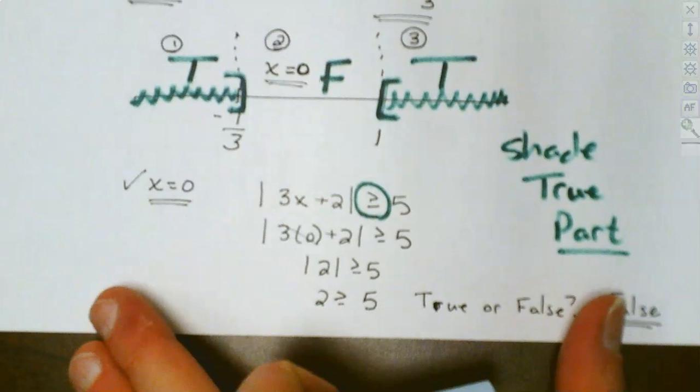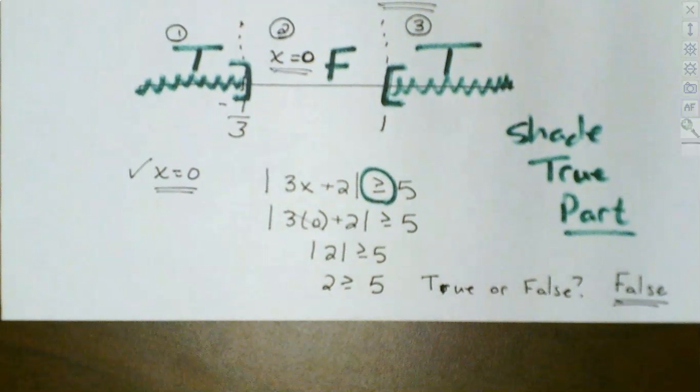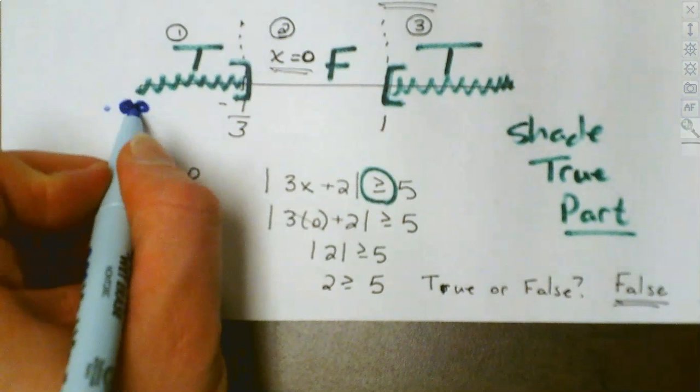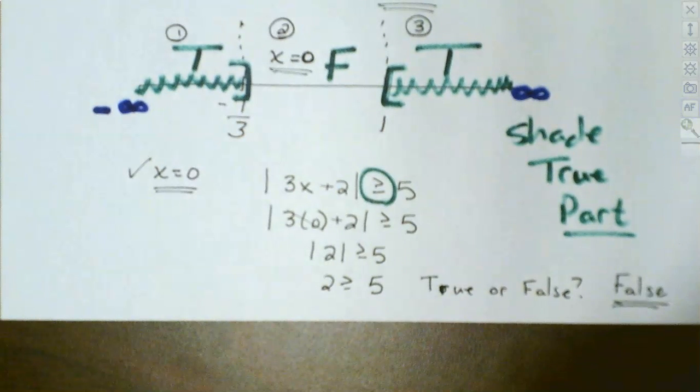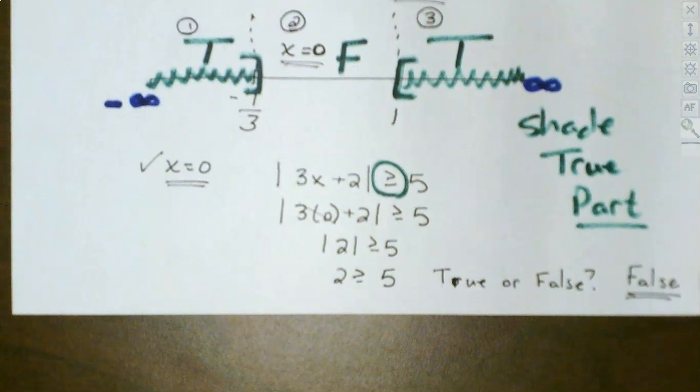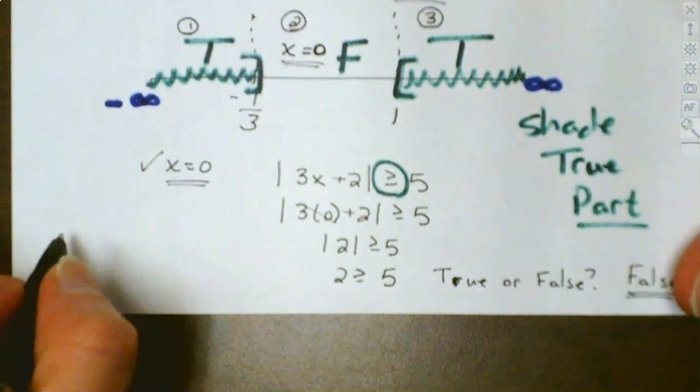Now, how do we write our final answer in interval notation? Well, we do it just like we did earlier with the OR. So the final answer in interval notation is going to be this.